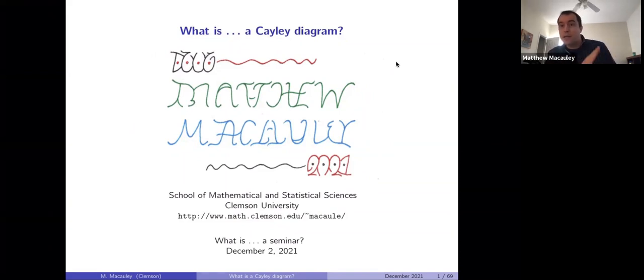I've given a talk on this a few months ago in the Talk Math with Your Friends seminar, and there's going to be overlap, but this is going to be very different. In that, I gave a whole bunch of visuals, especially subgroup lattices, and I talked about nilpotent groups and solvable groups and other things, visuals that weren't involving Cayley diagrams. Here, I'm really focusing on the Cayley diagrams, hence the name of the talk.